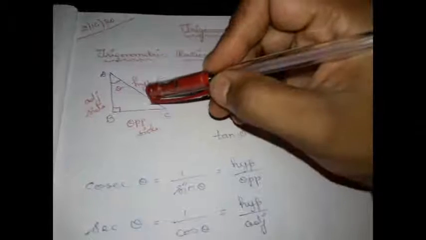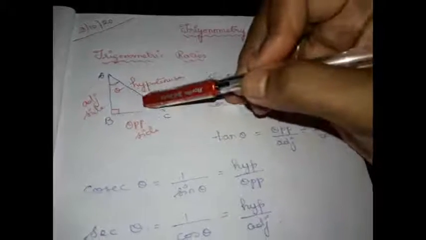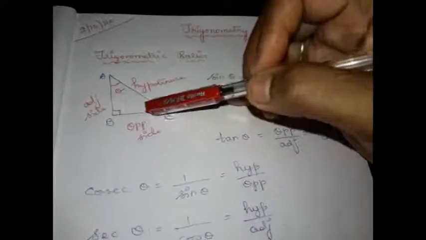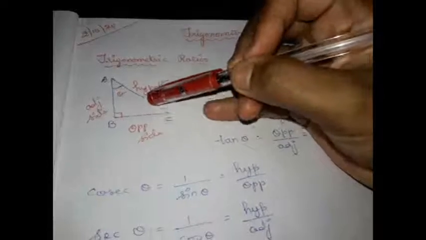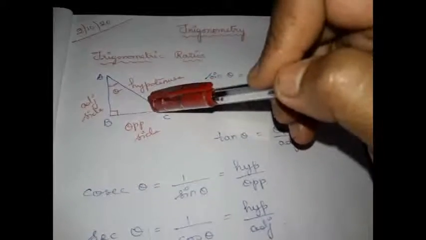So these three are the basic trigonometric ratios. If I define all these trigonometric ratios for this angle C, then what will be my sine C? Sine C will be opposite by hypotenuse. AB will be opposite to angle C. Therefore AB divided by AC will give sine C. What is cos C?